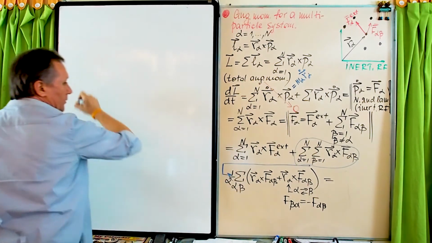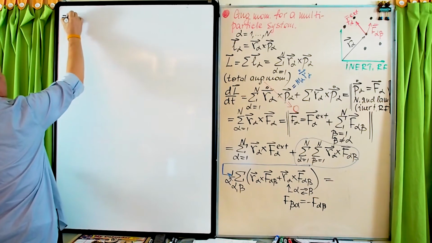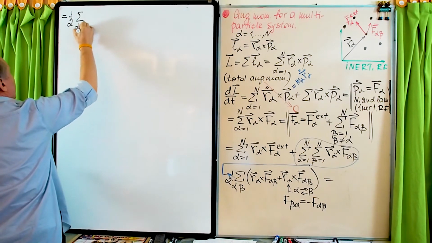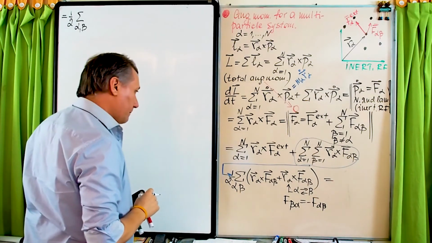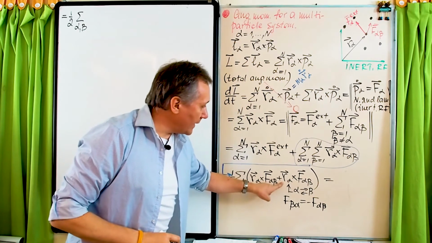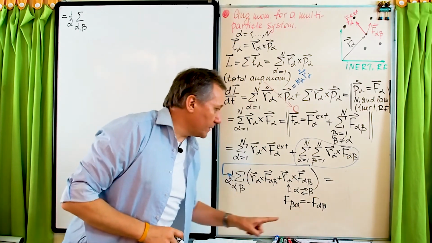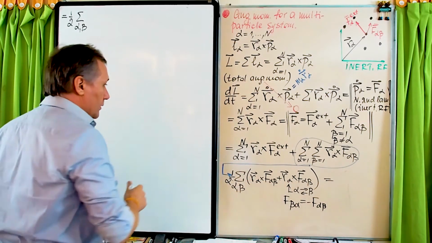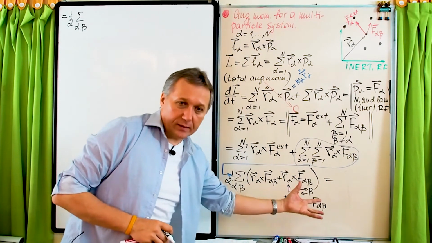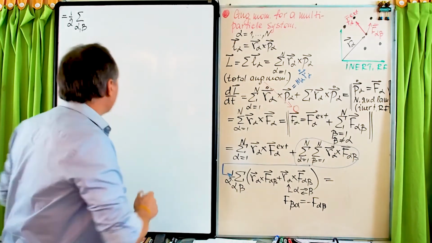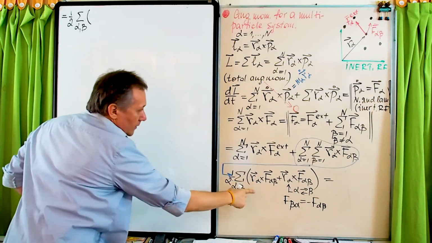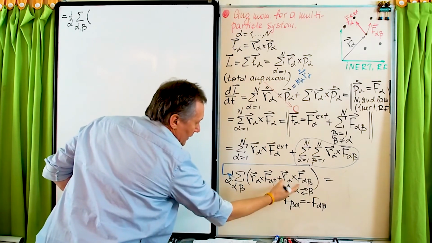So we'll continue that. It will be equal to 1 over 2, the summation over alpha and beta. Here I'm going to have minus F alpha beta. So F alpha beta can be factored out, and I'm going to get R alpha minus R beta, because this alpha will be beta.